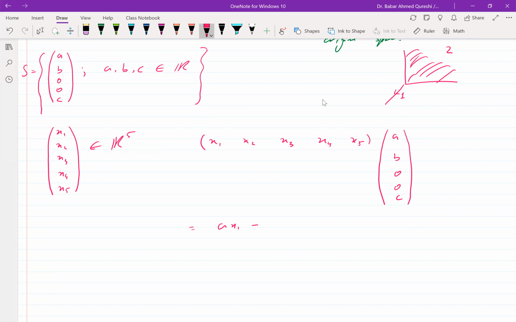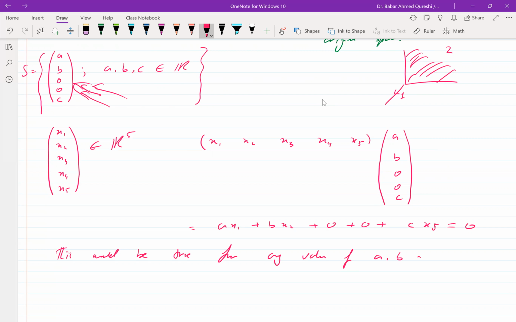So this gives me A times x1 plus B times x2 plus 0 plus 0 plus C times x5 is 0. So this would be true for any value of A, B, and C, because I need it to be orthogonal to any vector living over here.